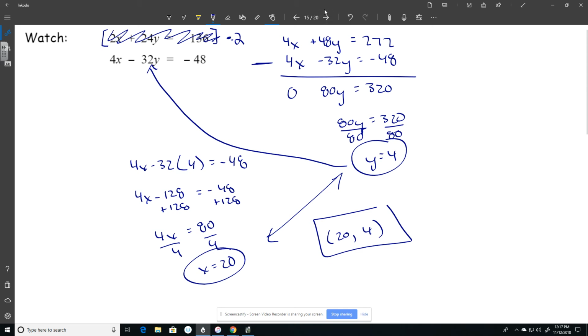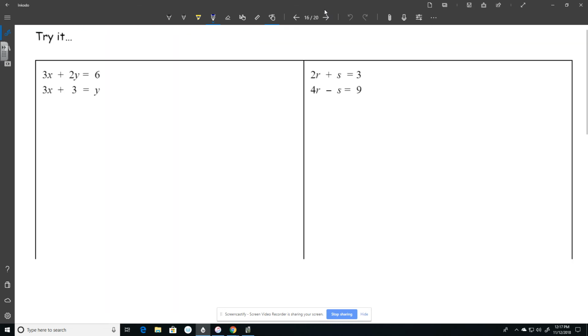Okay, so elimination works better, but sometimes you have to alter the equation a little bit so the numbers on the top and the bottom match up. Here's another example that we need to be careful of. 3x plus 2y equals 6. 3x plus 3 equals y. Notice that my y and my 3 are on the wrong side.